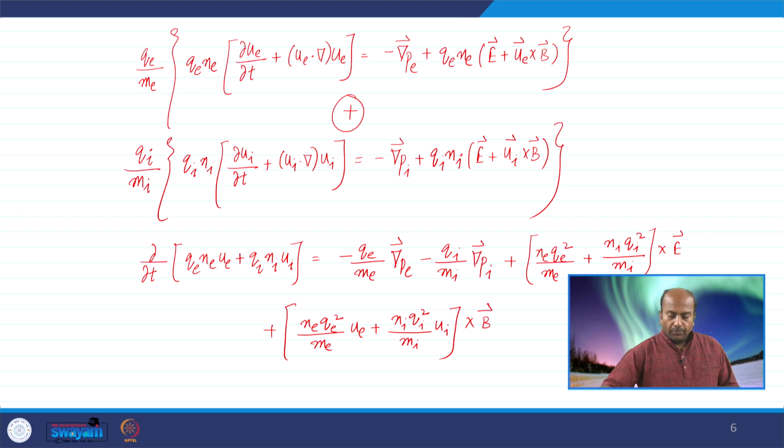Okay. So, what has been neglected? It is only the advection term which has been neglected, right. Now, let us say we assume the plasma to be electrically neutral, which means qi ni will in magnitude be equal to qe ne, which means the total negative charge will be equal to the total positive charge.